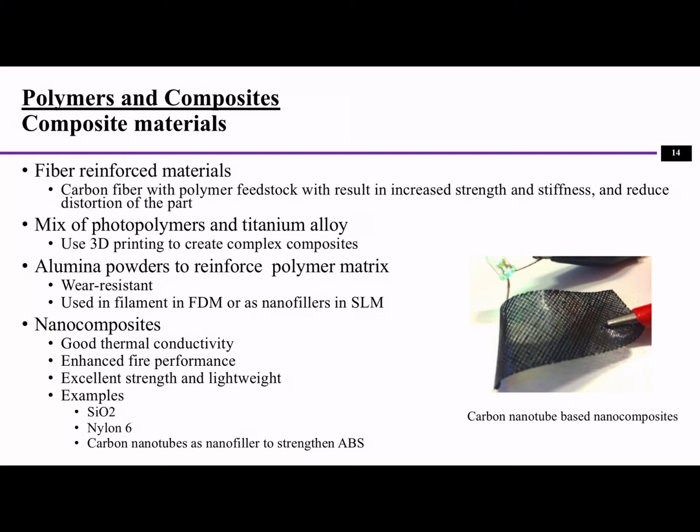And for nanocomposites, some carbon nanotubes can be mixed with polymers as well, and usually those nanocomposites have very good thermal conductivity, good fire performance, and the strength to weight ratio is very good as well.